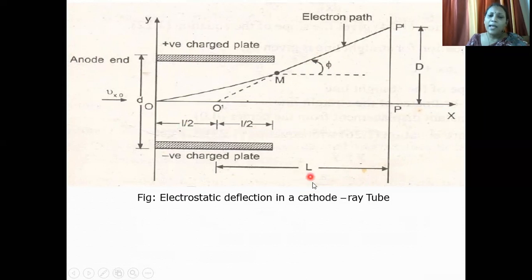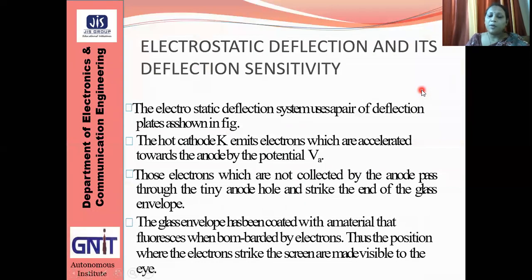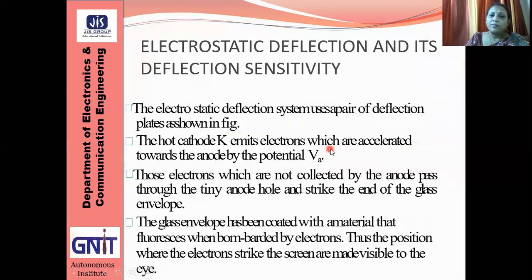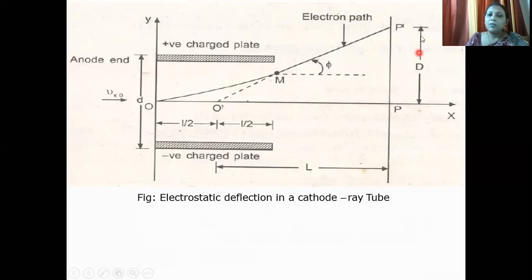This small l and this capital L. And this is the deflection D. If we move to our previous slide, we can see that this is the deflection D. On the basis of that, one can find deflection sensitivity.